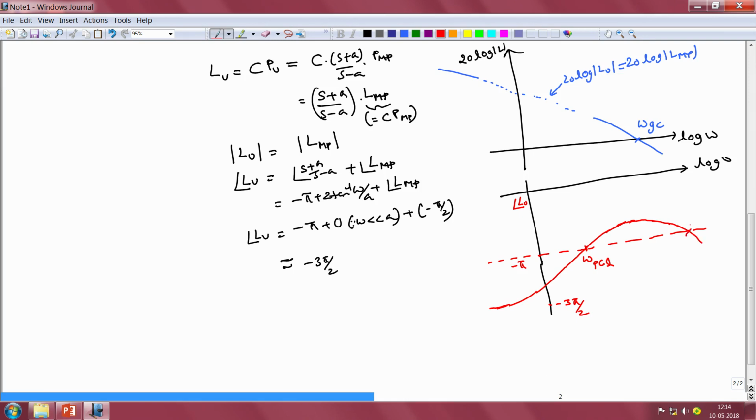So there will be a second crossover frequency which we shall call omega PCU, and this phase lag will continue to increase, and finally the phase will asymptotically approach a certain phase lag that is determined by the relative degree of the loop gain.